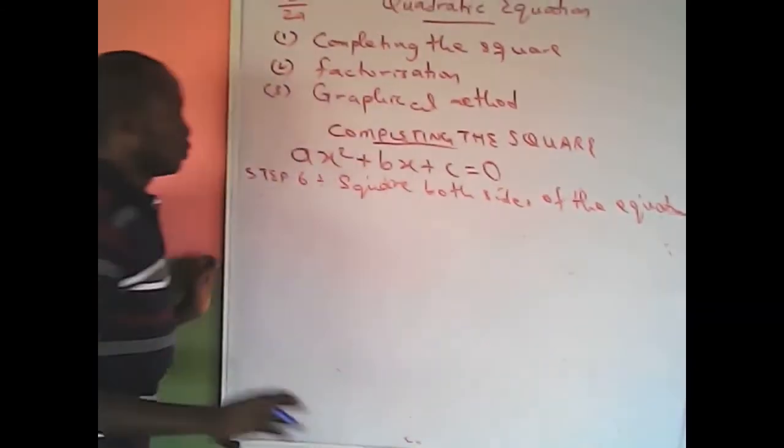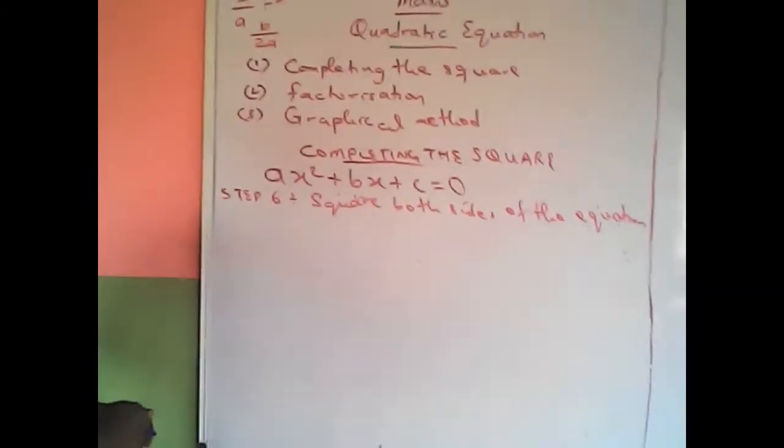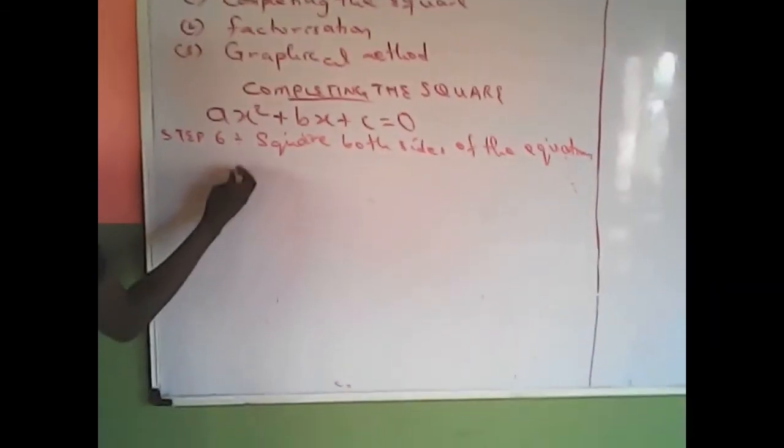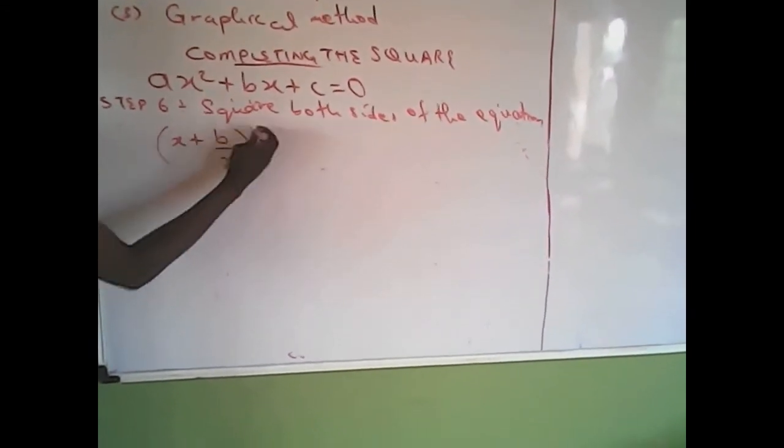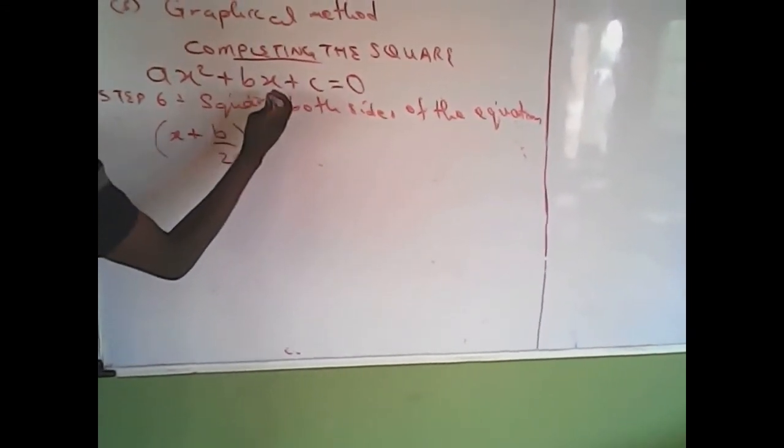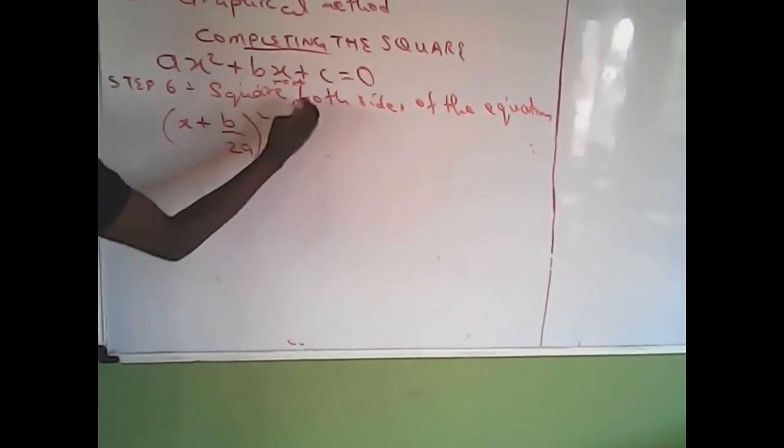Báwo la ṣe máa square root both sides of the equation? Ìgbà tá a ti mọ̀ pé x plus b over 2a square. Oh, square root both sides of the equation. Sorry, square root both sides of the equation.